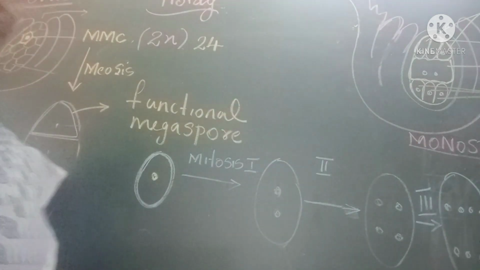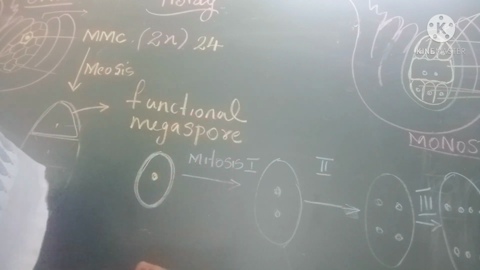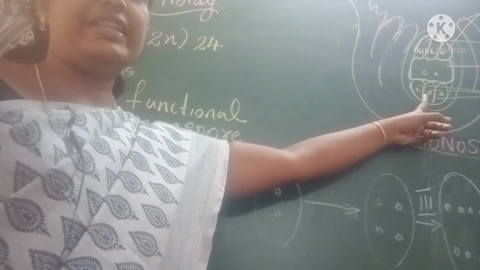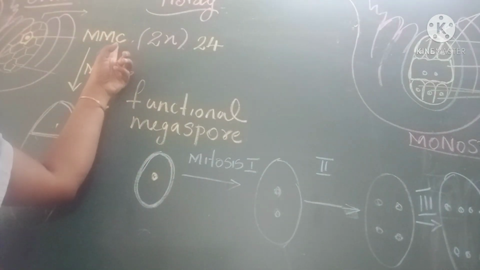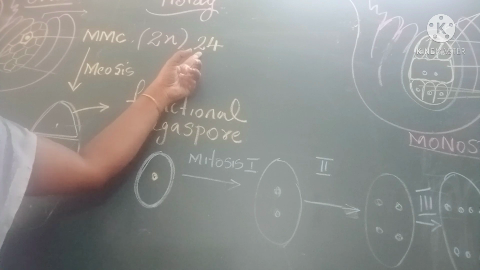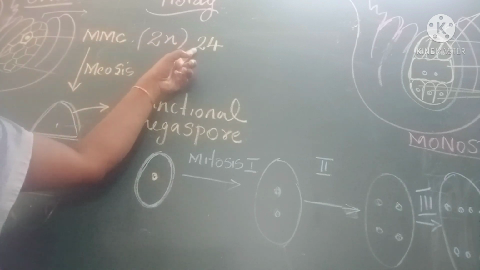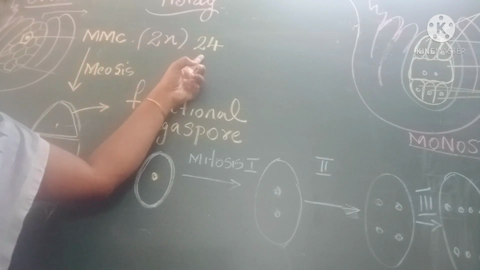That's the question. Suppose it is undergoing the formation of the female gametophyte, then find out the ploidy of each cell in this embryo sac. So listen, this megasporangium has chromosome number 24, that means each cell in this megasporangium will consist of 24. So this megaspore mother cell also will consist of 24.